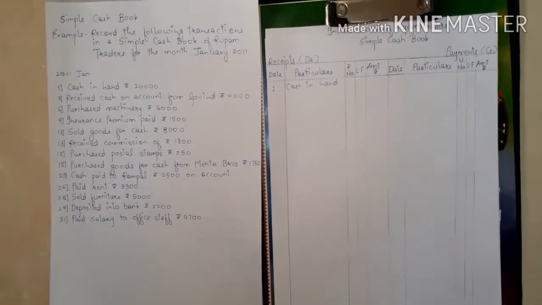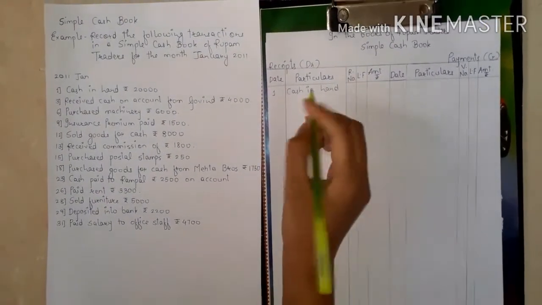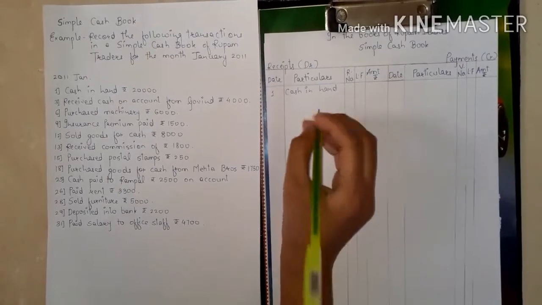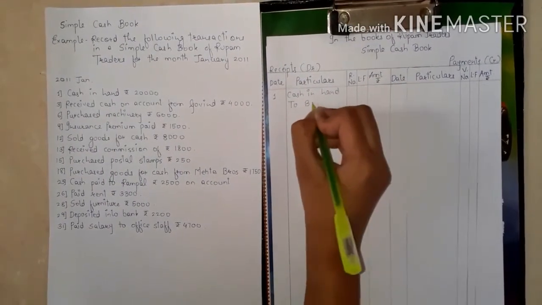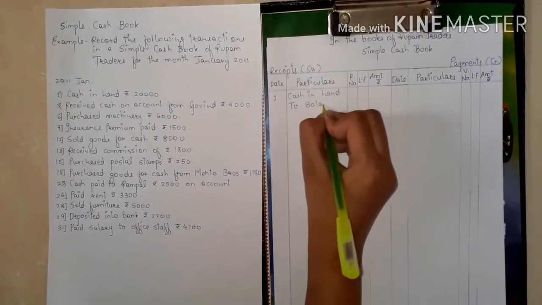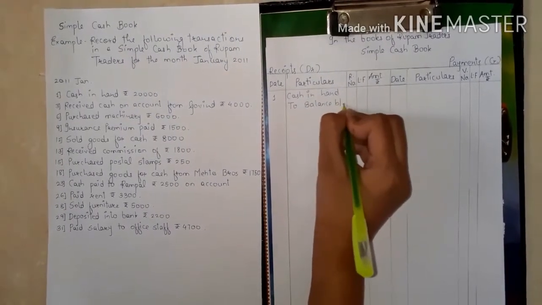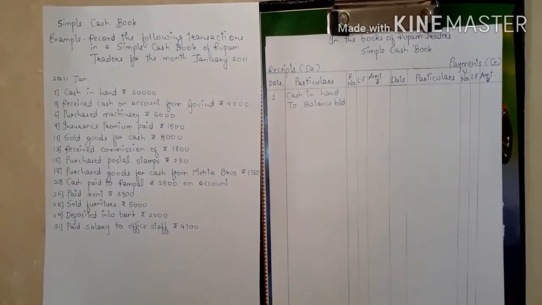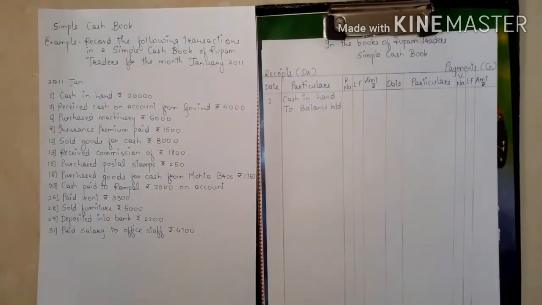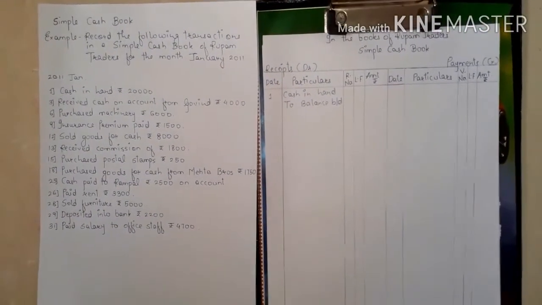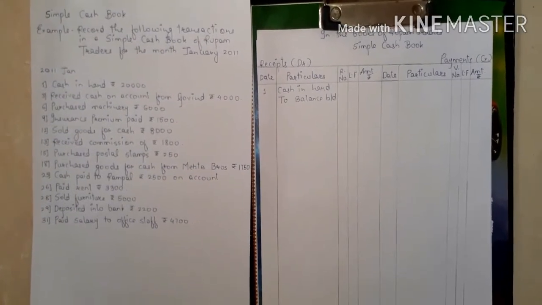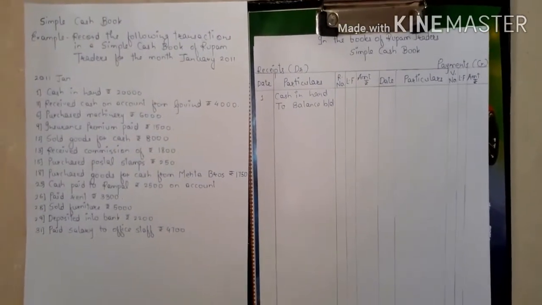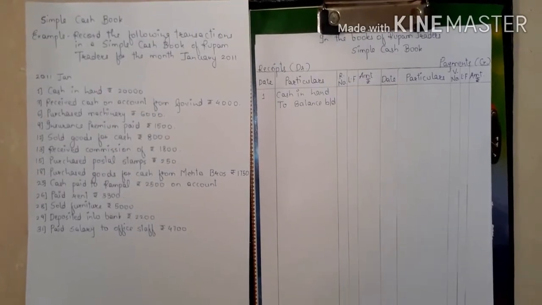So here the date of the transaction and the item cash in hand, or if you are doing it in a professional way, you have to write down it as to balance brought down, because this amount we have taken from the previous accounting period and we are introducing it in our new accounting period. That is why that balance is brought from the last year's accounting period.